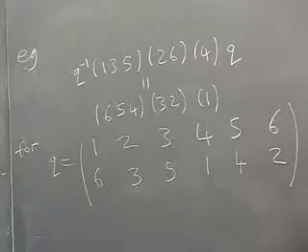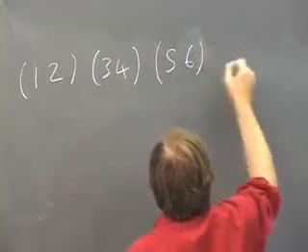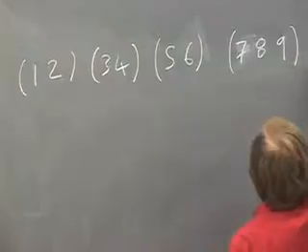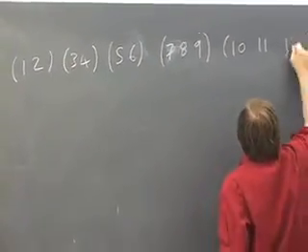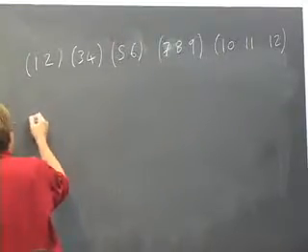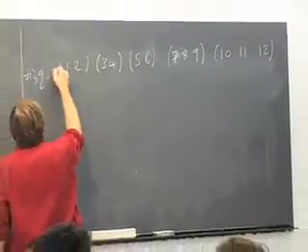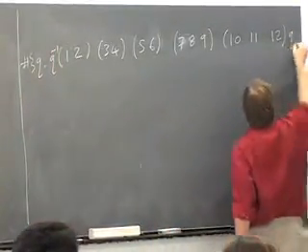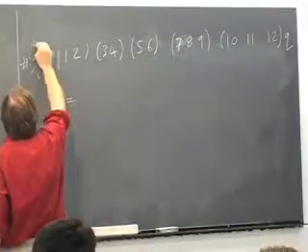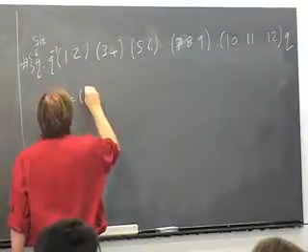So if I looked at the cycle 1, 2, 3, 4, 5, 6, 7, 8, 9, 10, 11, 12, and I asked how many q, so I want the number of the set of q in S12 such that q inverse this q would equal, well, I can even write the same one again.